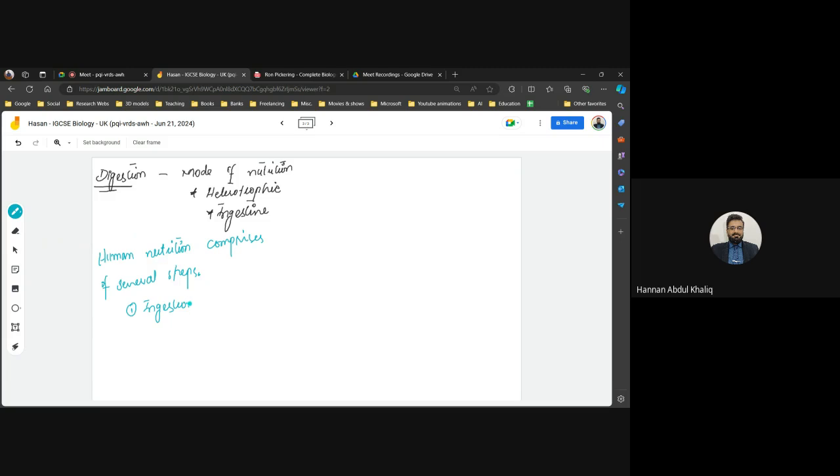In ingestion, basically two things can be discussed. One is selecting the food. We select our food and then we eat it. Both are included in ingestion. Then comes the very next step, and the longest one, I guess, that is digestion.